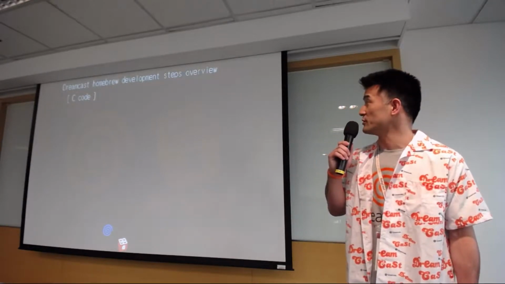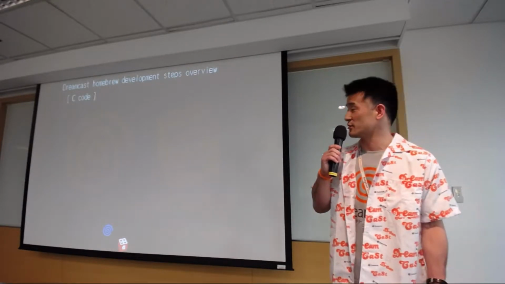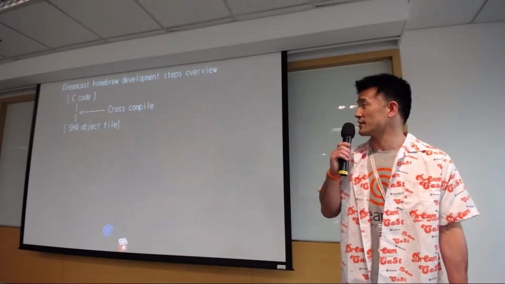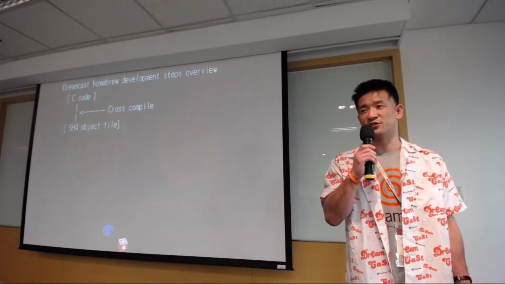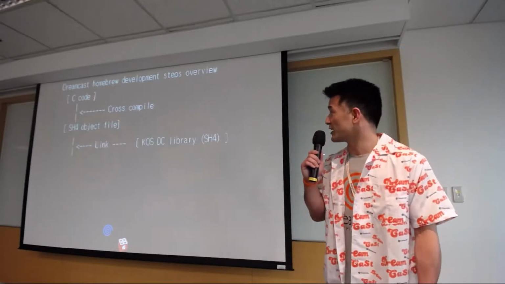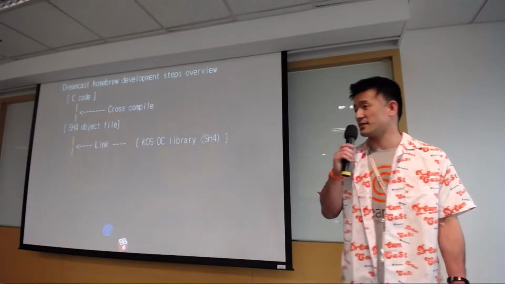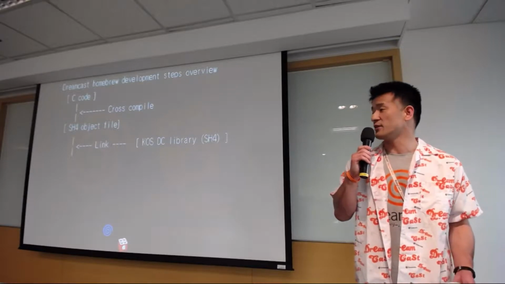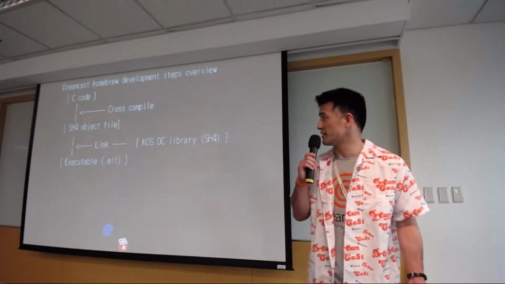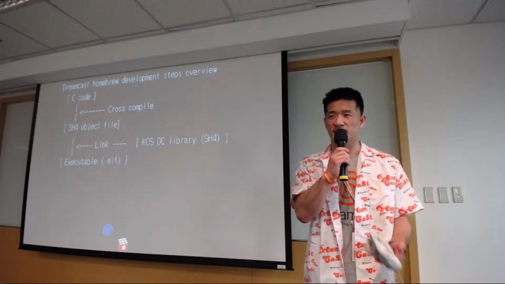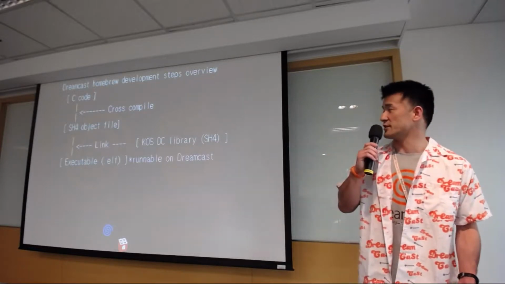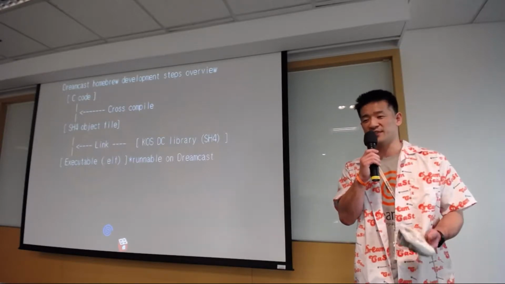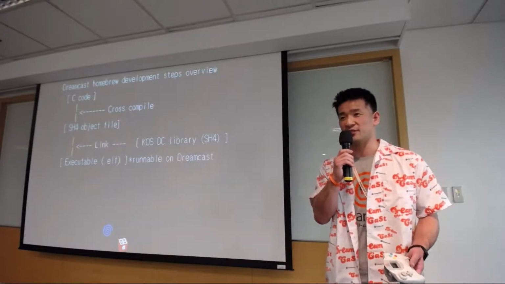And Dreamcast homebrew development, you would go about it like this. You write your C code, and you cross-compile it for the SH4 platform, the Dreamcast's main processor. And then you link it against the KOS Dreamcast library, which is also for SH4, and then you get an executable file. At this point, this executable is runnable on Dreamcast if you can somehow get it from your PC to the Dreamcast unit.